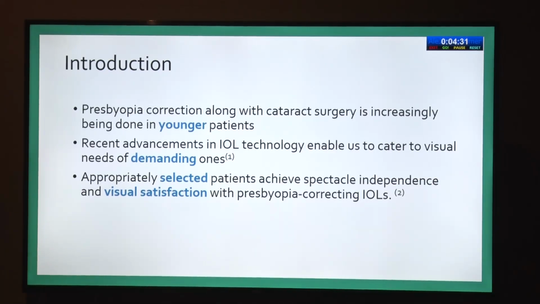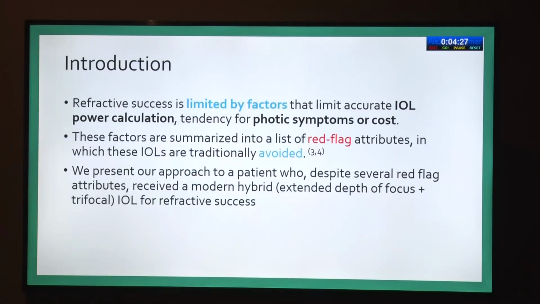We have to cater to such patients by careful selection. Refractive success is limited by factors that limit accurate IOL power calculation, the tendency for photic symptoms, or the cost. These factors are summarized as red flags, and we present an approach to a patient who, despite several red flags, achieved refractive success.